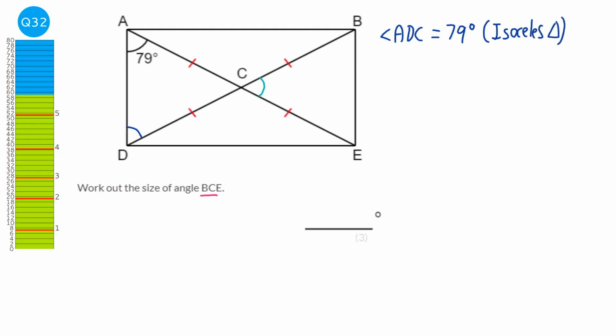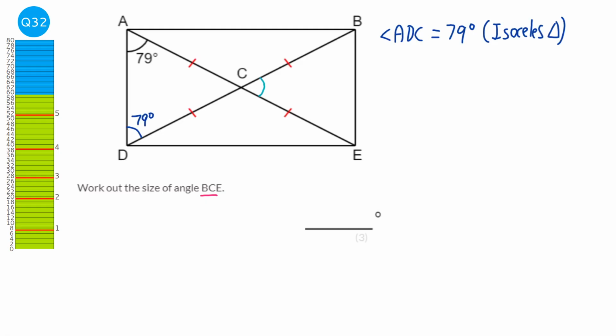So if you look, we've got an isosceles here, this one, and this one. And the bottom two angles, and I use the word bottom because I always imagine an isosceles as being this way up, the bottom two angles in an isosceles are always equal, so that must be 79.